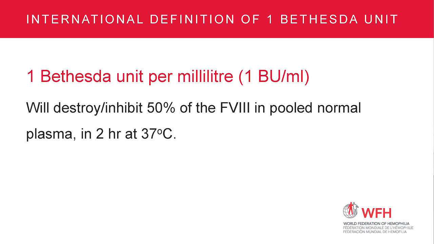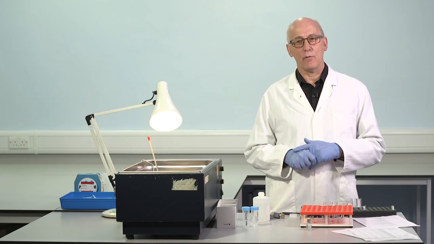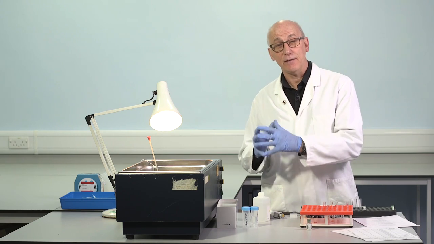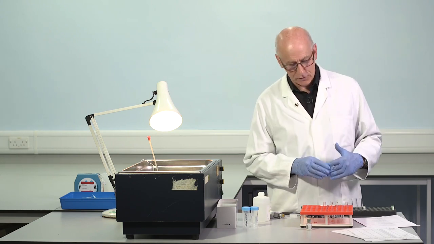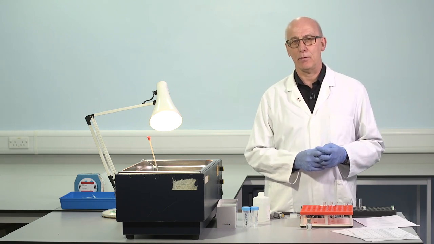So if the test, or IQC, contains 1 unit per mil, 1 Bethesda unit, we will have, by definition, 50% residual activity. And we noticed, others have noticed, it's been reported that the assay works particularly well when residual factor VIII at the end of the incubation is somewhere close to 50%. And that's the purpose of constructing these several different pre-dilutions of the test sample.